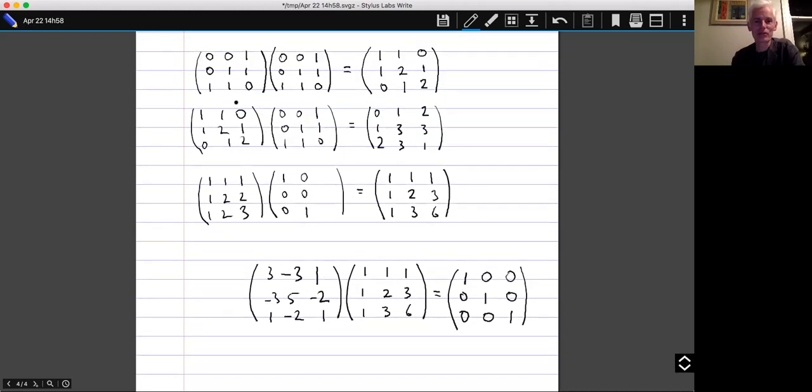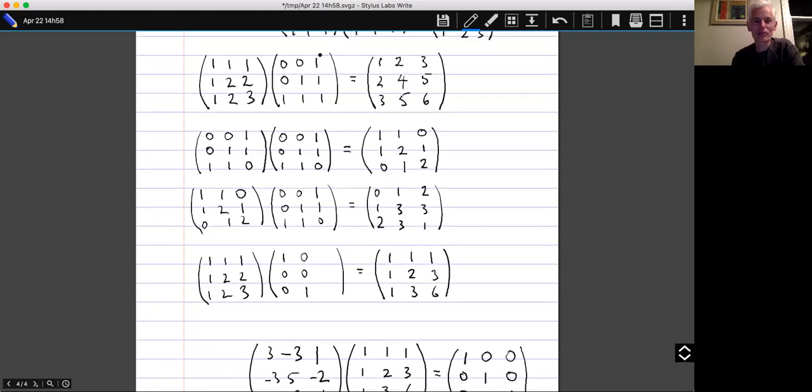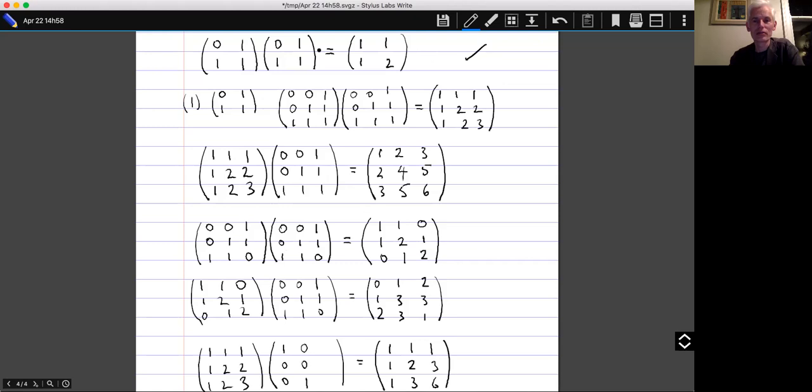So the inverse of this matrix is the square of the inverse of this matrix. Where's it gone? So what is the inverse of this matrix? Do I really want to calculate this?